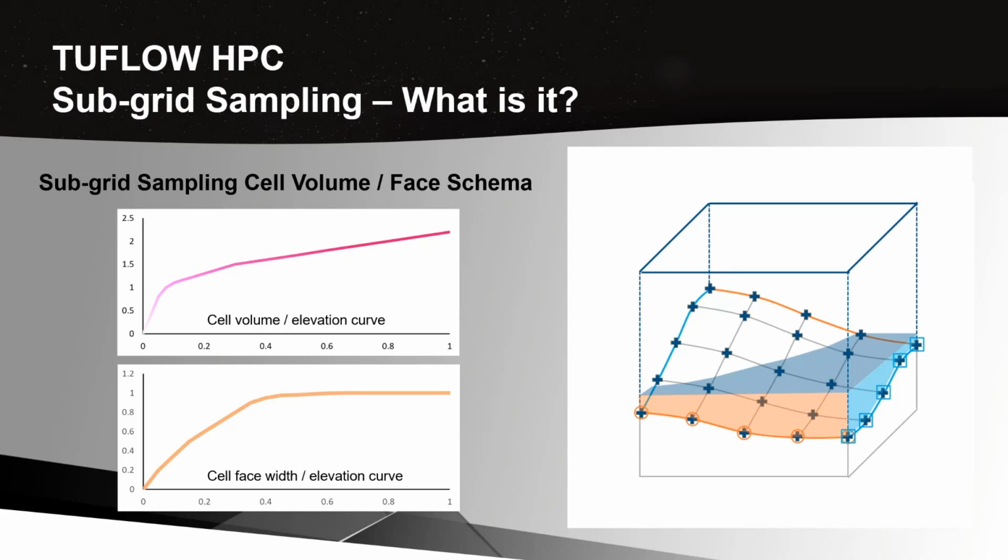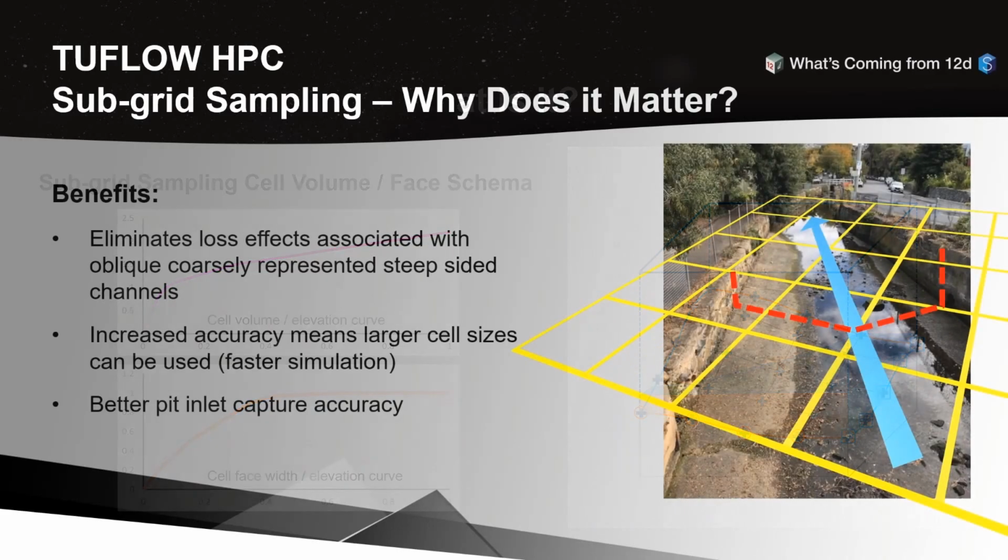Now, implementation of this new approach actually has some pretty significant benefits. It eliminates loss effects associated with a mesh which is not aligned with steep side channels in an urban setting. It also means that you can achieve equivalent accurate results at a larger cell size.